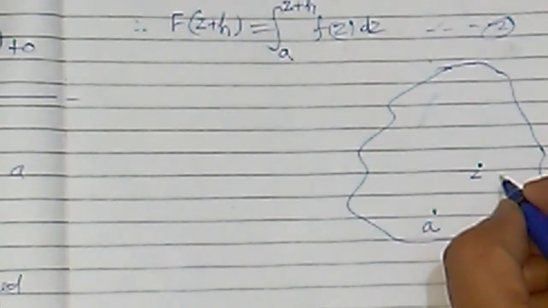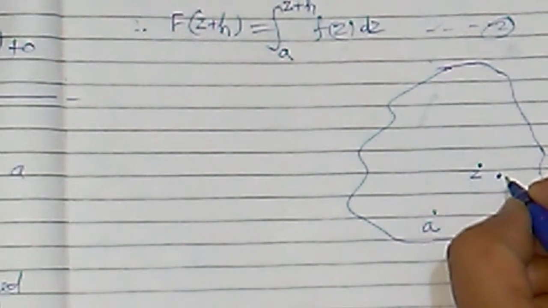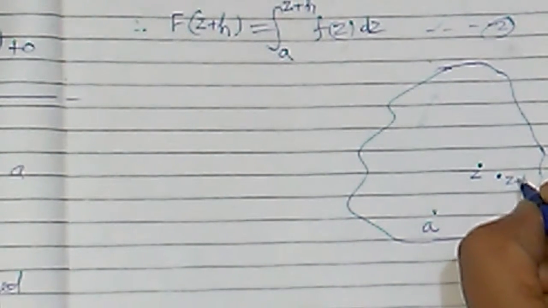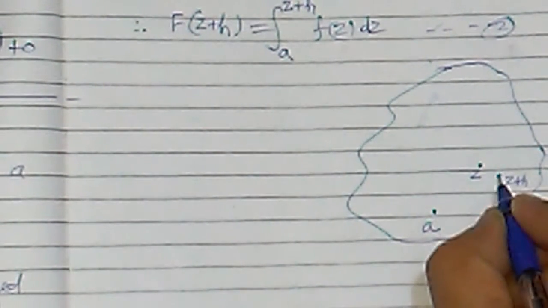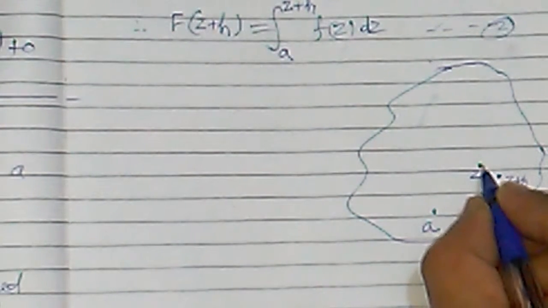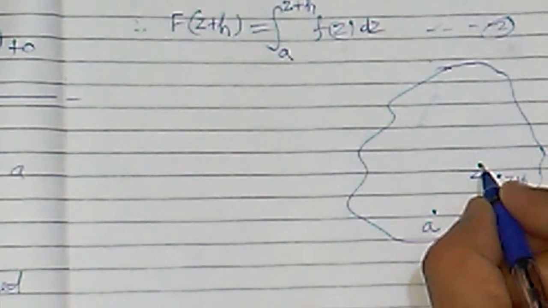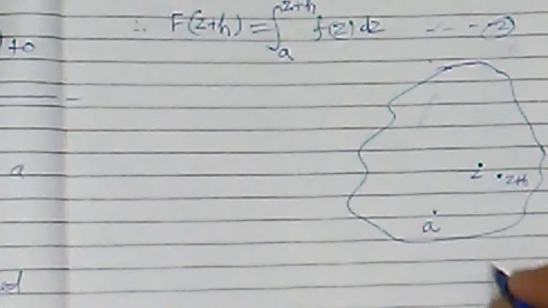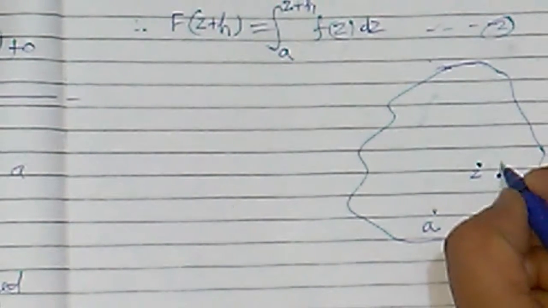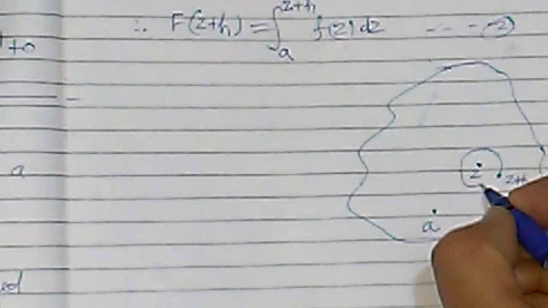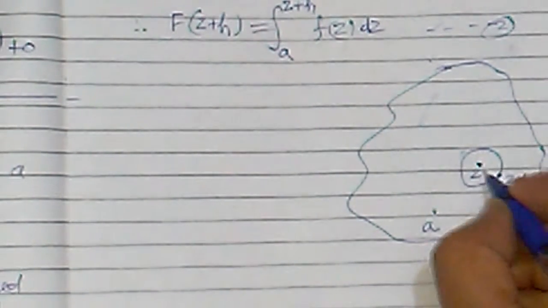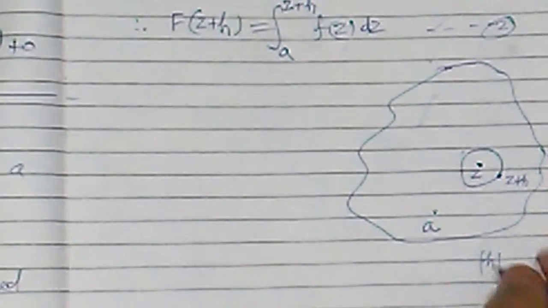We write z plus h, which is near to z. We take z as a center and mod h as a radius and draw a circle, so we draw a circle whose radius is mod h.